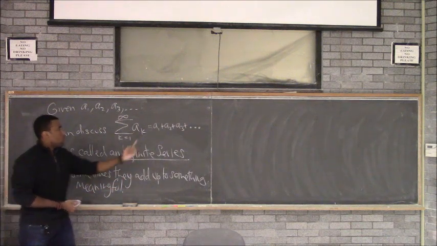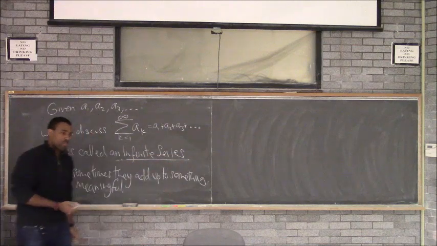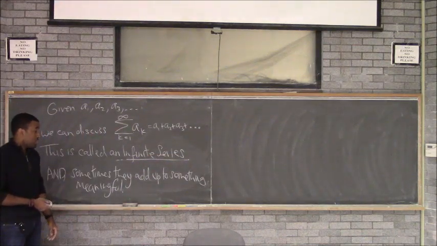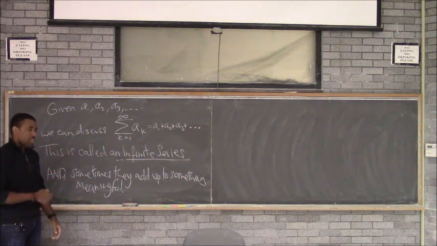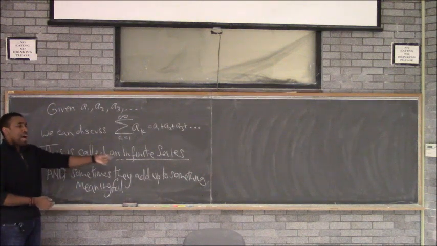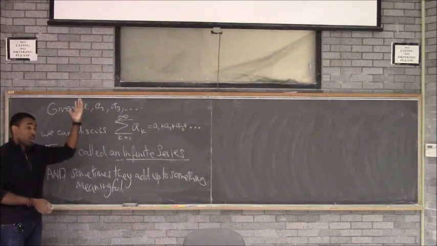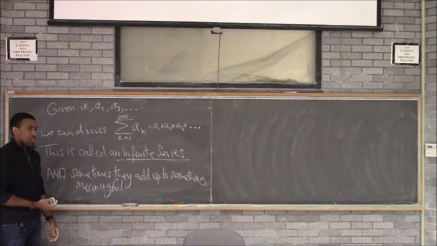So there must be a way of adding up an infinite number of things and somehow coming away with an answer. Now that doesn't always happen, but sometimes it does. And in the case of what I just mentioned, adding up a half plus a quarter plus an eighth plus a 16th, if you keep having these numbers, you can add them all up and you'd actually get to an answer.